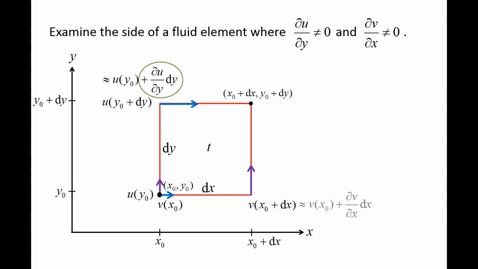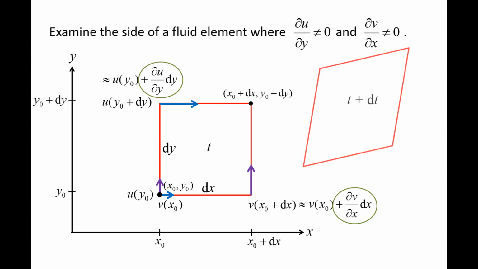Since dx is very small, we can use a Taylor series approximation to rewrite the velocity on the right side of the fluid element as v at x0 plus partial v partial x times dx. Partial v partial x is evaluated at x0, but we will omit the x0 to avoid cluttering the screen. Notice that the difference in velocity between the right and left sides of the fluid element is given by partial v partial x times dx.